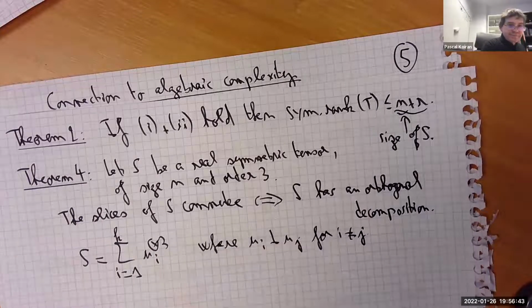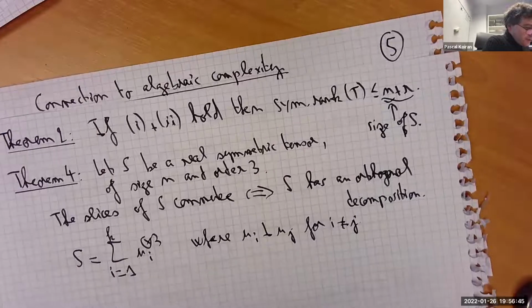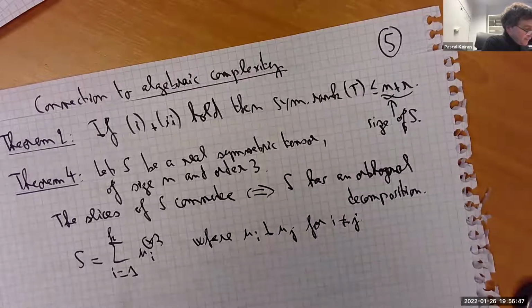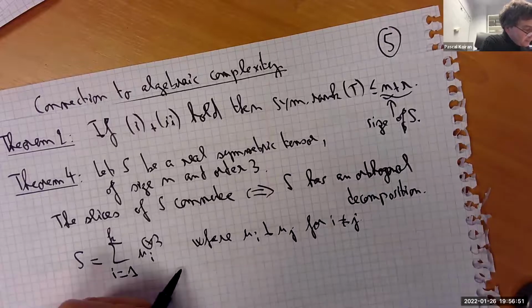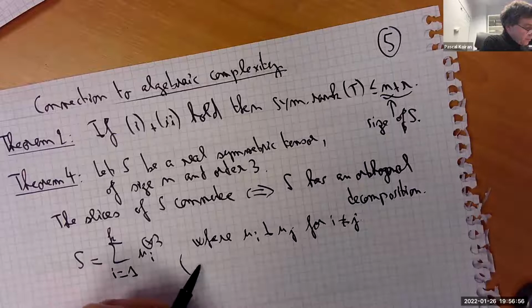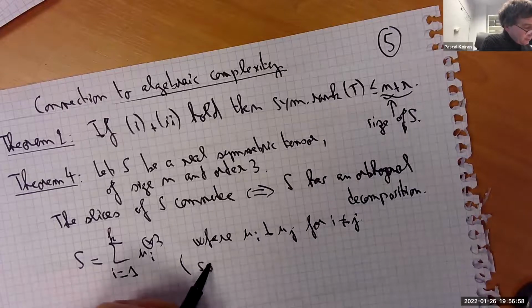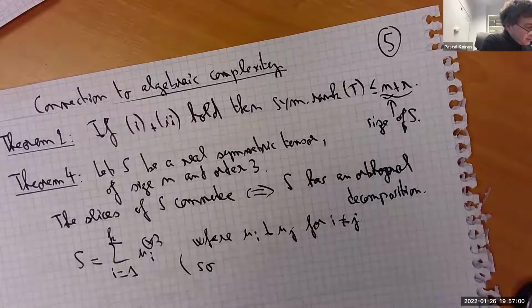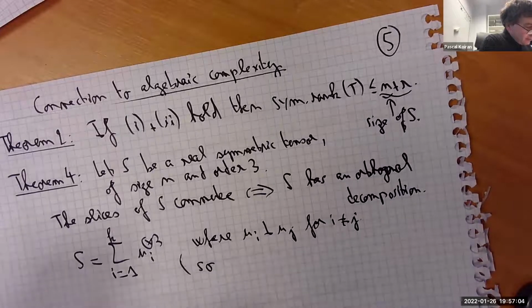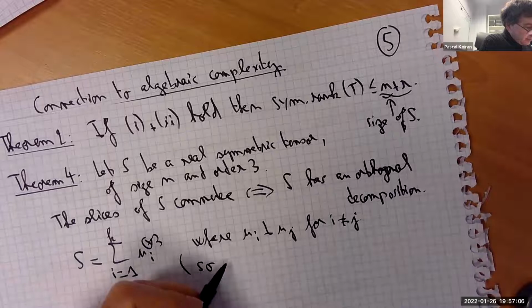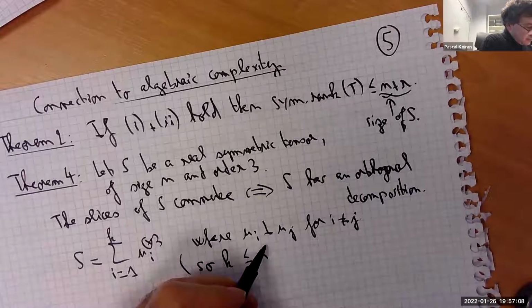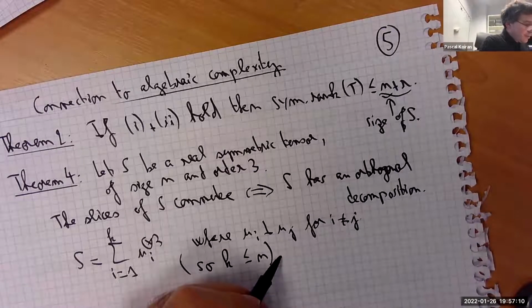This is the meaning of orthogonal decomposition. So in particular, these tensors have a rank at most n.